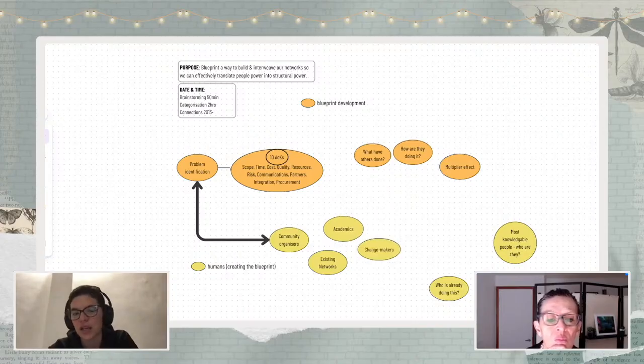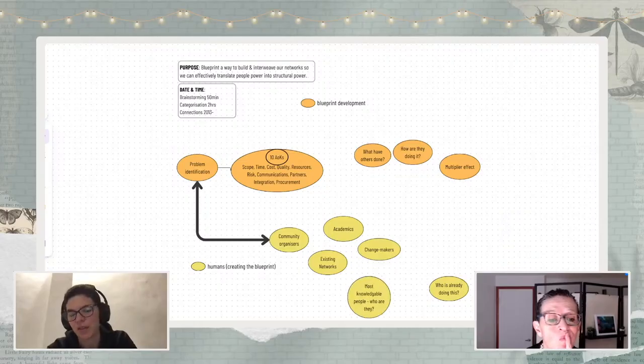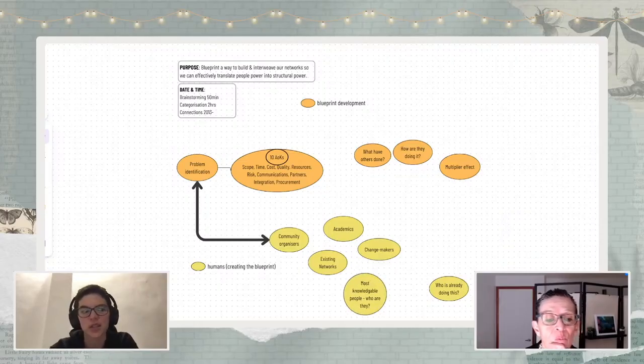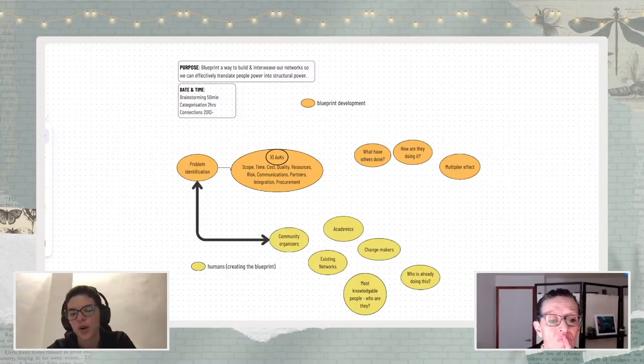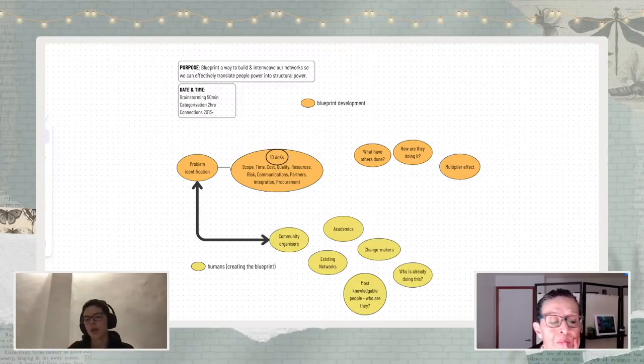So that is the kind of academic that I had in mind that could help inform the most efficient and effective way to go about collaborating on a bigger scale.